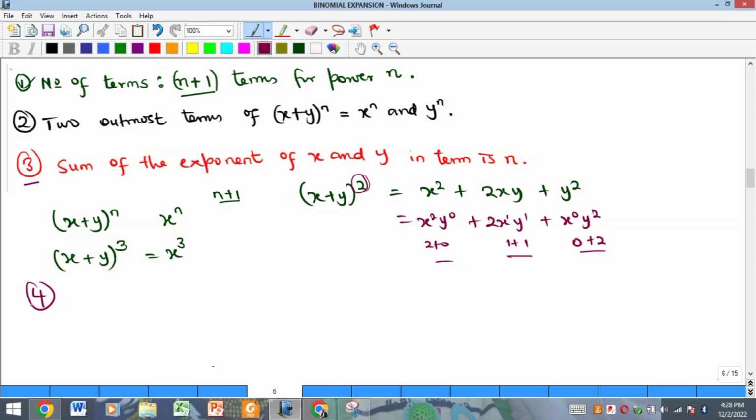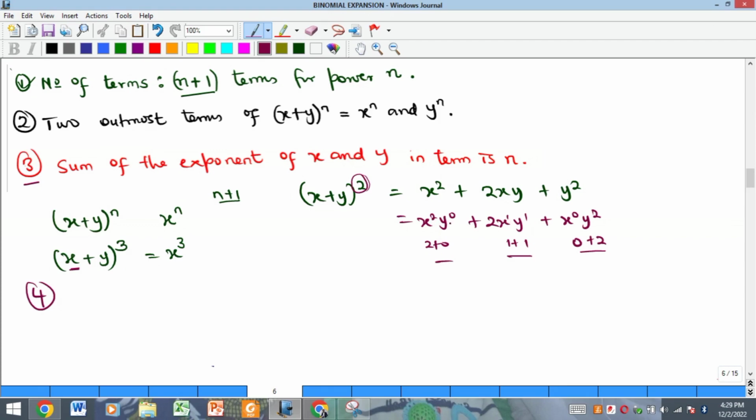And then the fourth point, which is also important, is that the power of x, remember the x here is just a symbol, a representation, it stands for the first term. So the power of the first term will always start with the highest power. Like in this case, you have it starting with 2 here, and then it will keep reducing by 1 until it gets to 0.